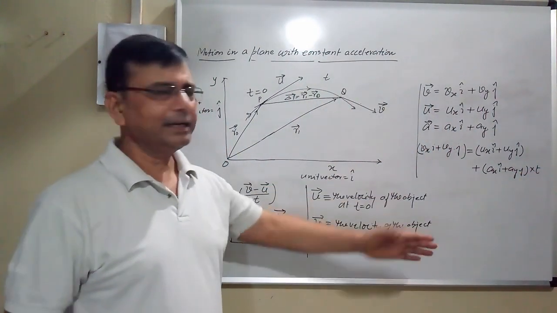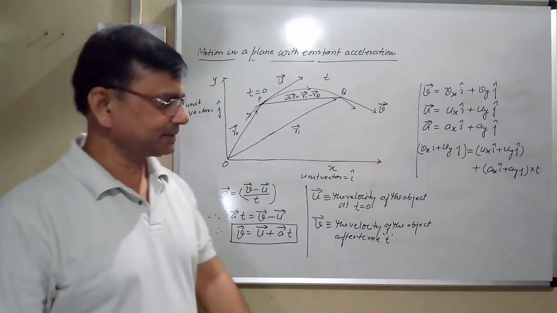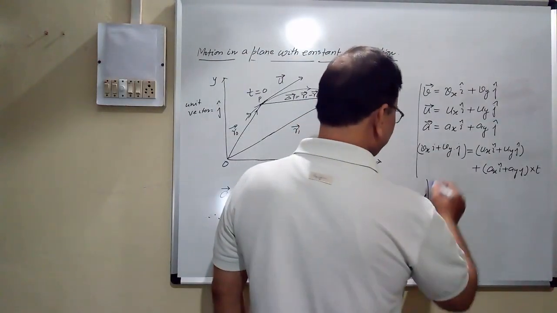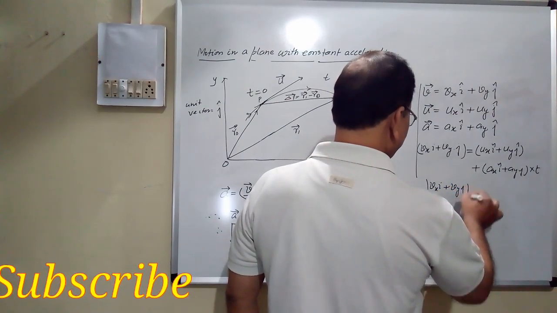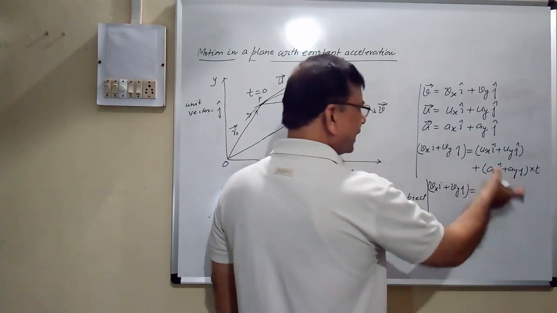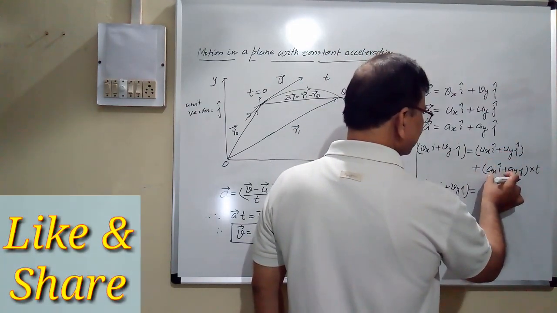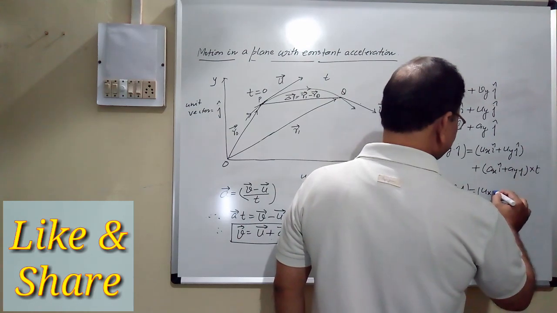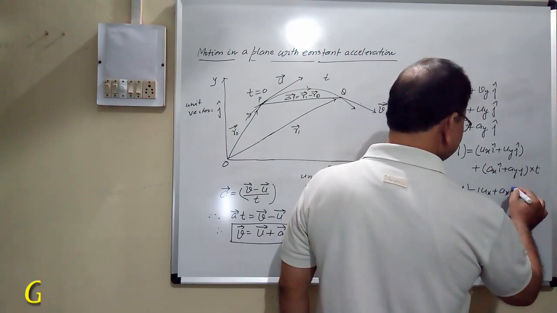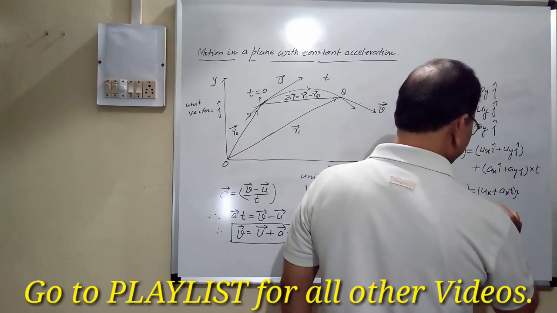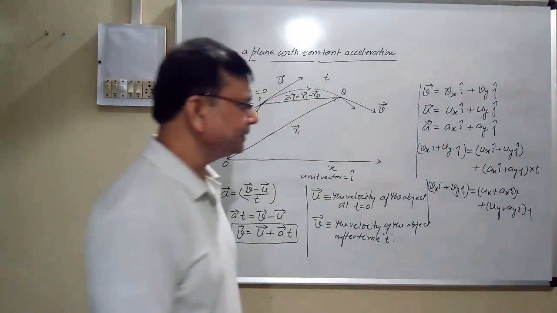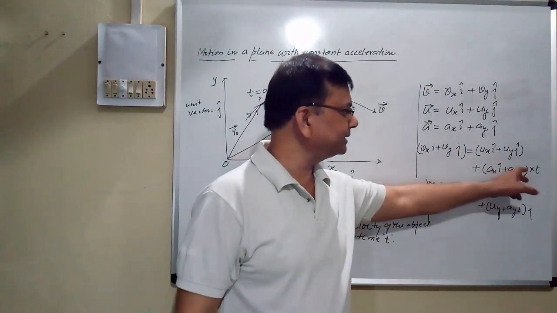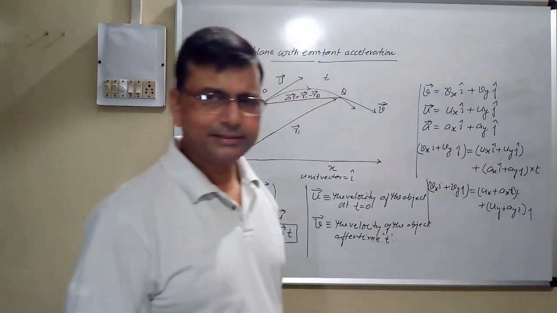Same thing, we have written in the two rectangular components. So this can further be written as vx i plus vy j is equal to, all i's we will take together, ux plus ax t, i, plus uy plus ay t, j. I have taken simply i's together and j's together, t is multiplied with this.